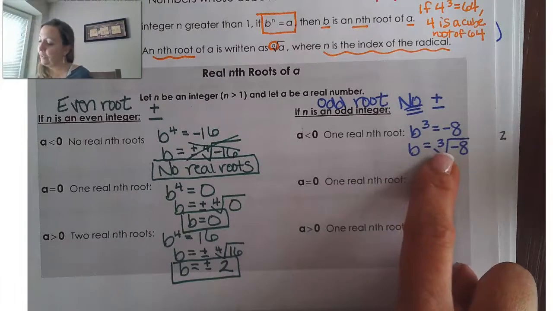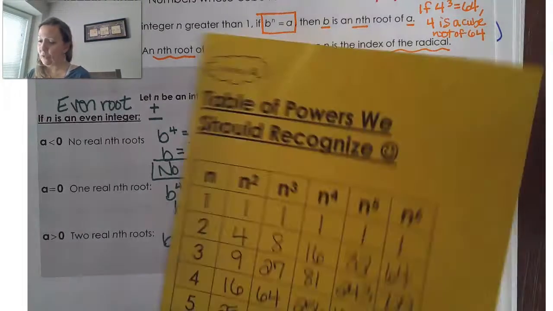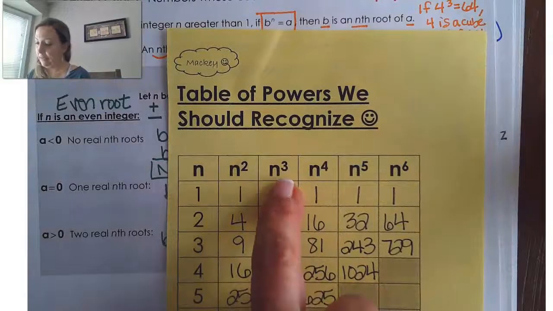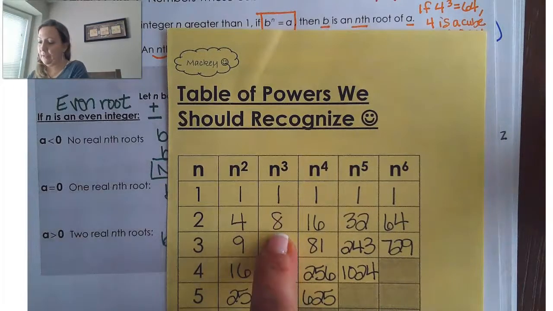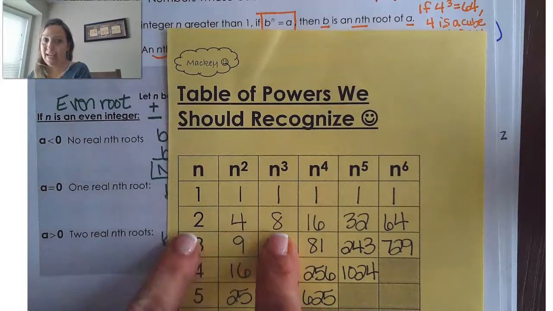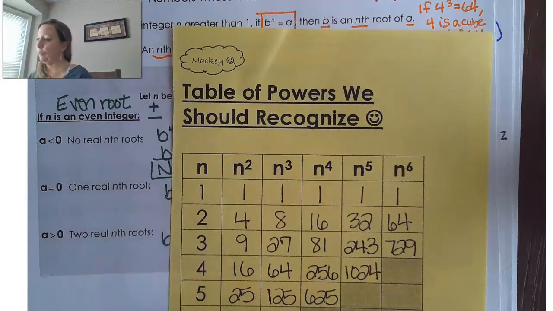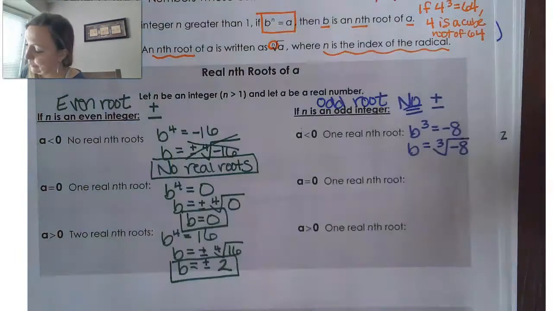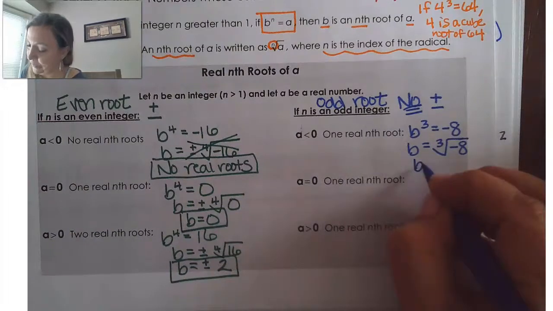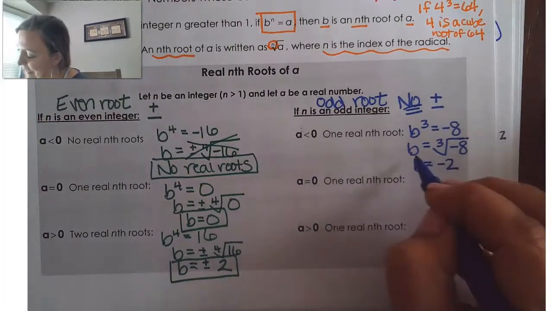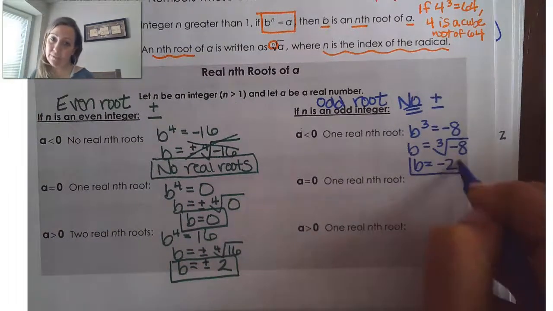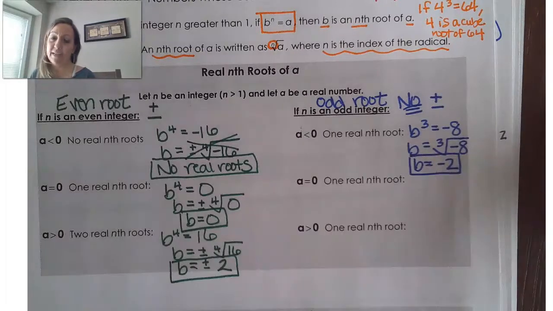And so if we look at the cube roots, the cube root of 8 would be 2. And when we think about it, the cube root of -8 would be -2. So notice that if it's odd, we can take the odd root, or the root of a negative.